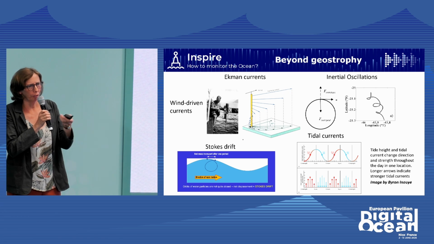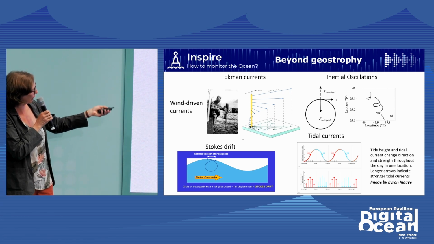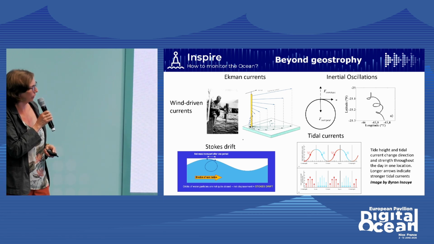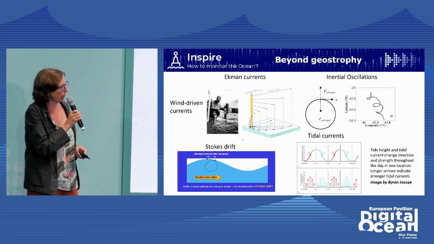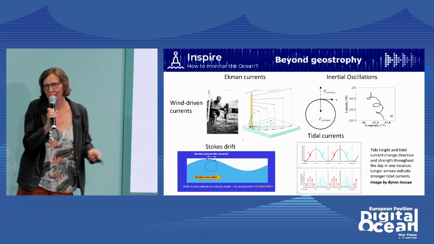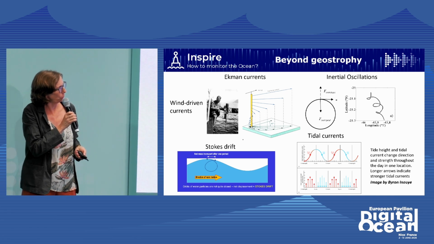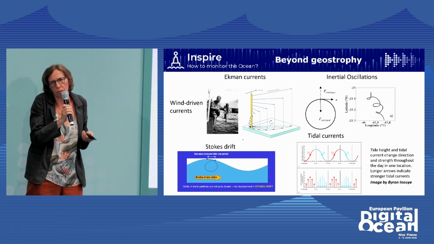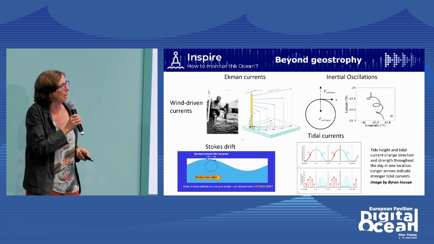We have the Stokes drift that Lofty was mentioning before, which is due to the fact that there is a net transport in the wave direction of the particles of water at the surface due to the waves. And the current that all of you know when you were on the beach, the tidal currents. All these currents are not in geostrophic equilibrium, and we cannot see them from altimetry.